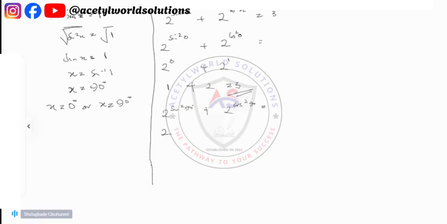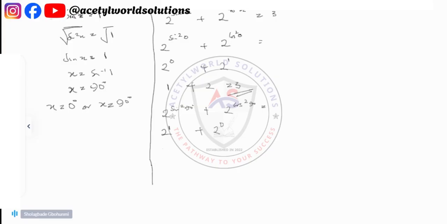Sine 90 degree times sine 90 degree. So what's sine 90 degree? Sine 90 degree is 1. So 1 times 1 will give us 1. What is cos square 90 degree? That's cos 90 degree times cos 90 degree. So what is cos 90 degree? Let's check cos 90 degree. It is 0. 0 times 0 will give you 0.